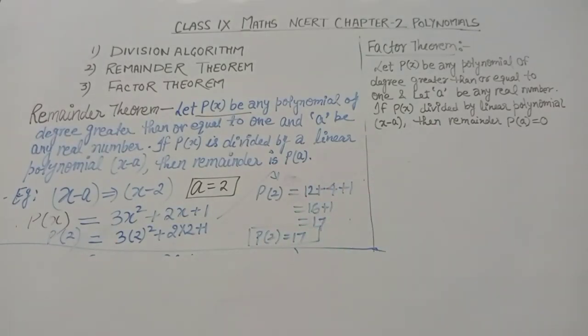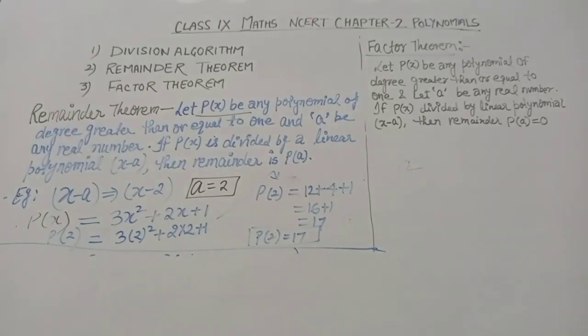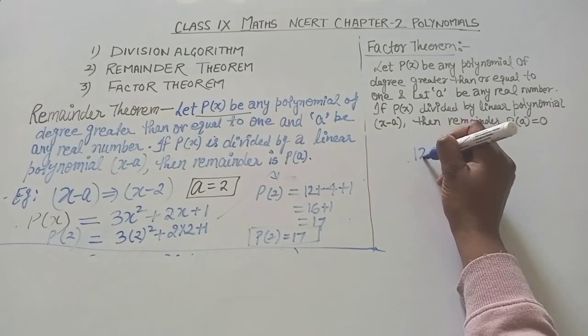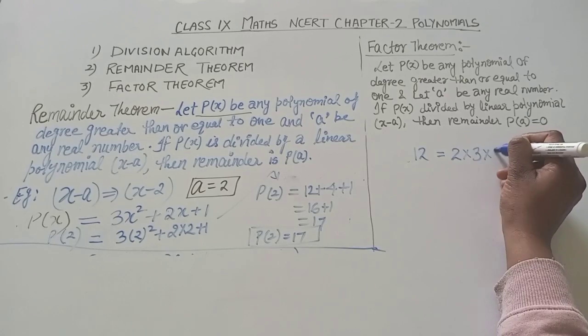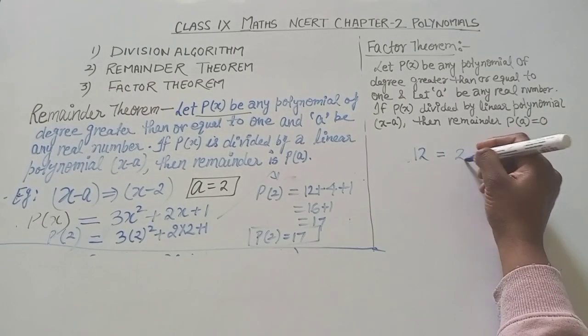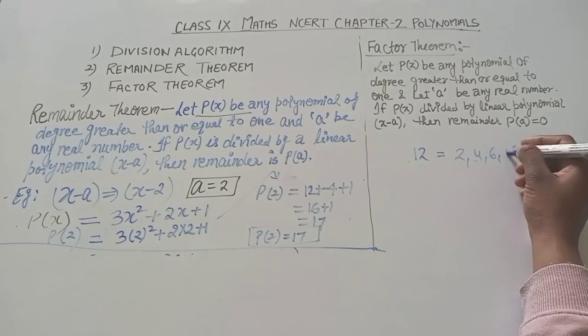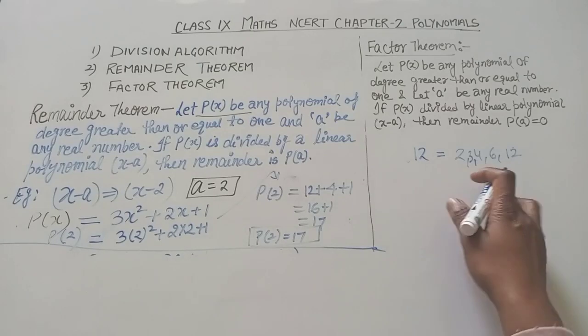Take the factors of 12: 2, 3, 4, 6 and 12. These are the factors of 12.